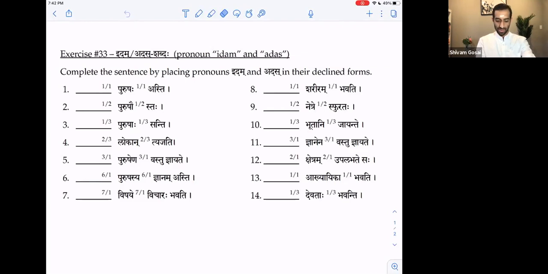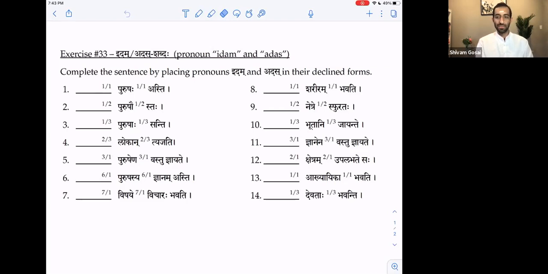Now you can see number 1. Oh, sorry, we need to look at only the feminine, right? So we're going to look at number 13. Akhyayika bhavati.